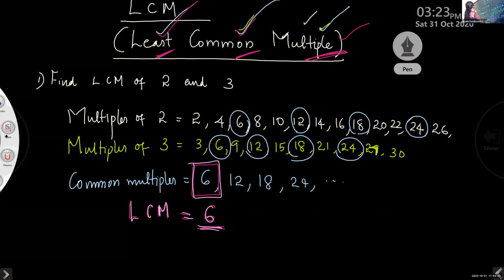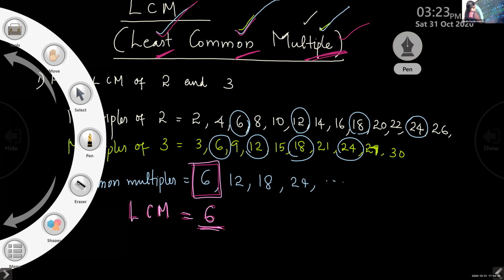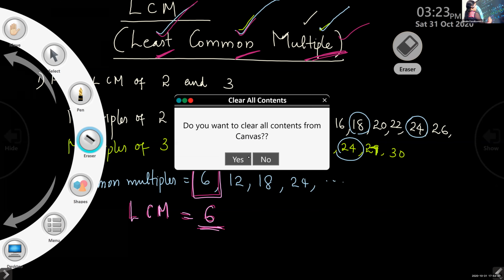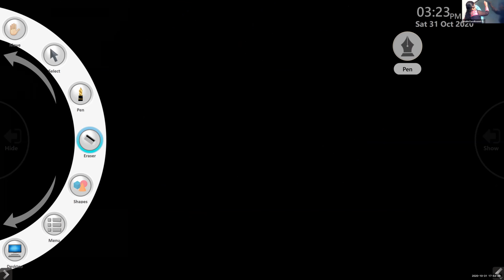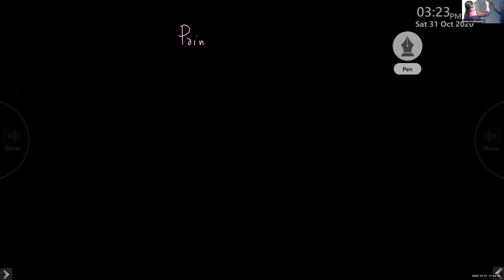Prime numbers have no other factors except 1 and that number itself.